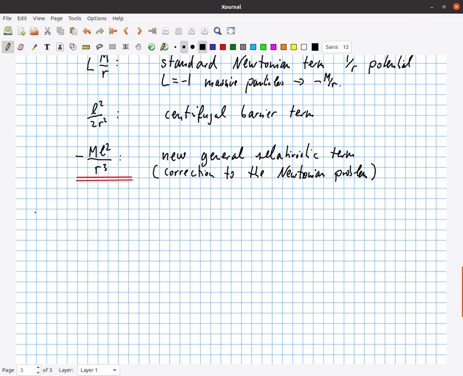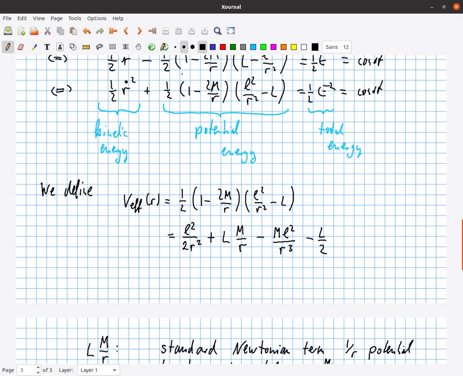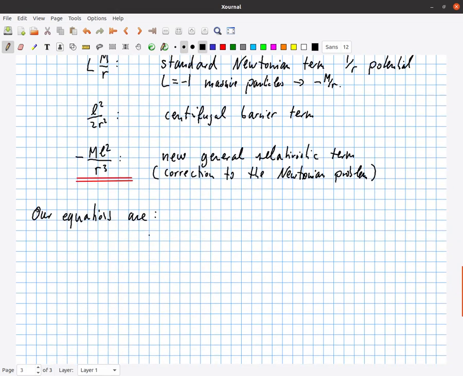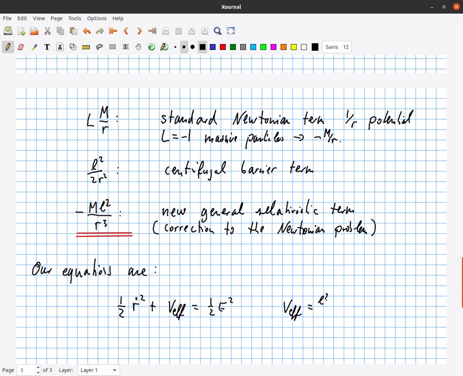Our equation here: 1/2 r dot squared plus V effective equals 1/2 E squared, which is some constant, where V effective is L squared over 2r squared plus Lm over r.